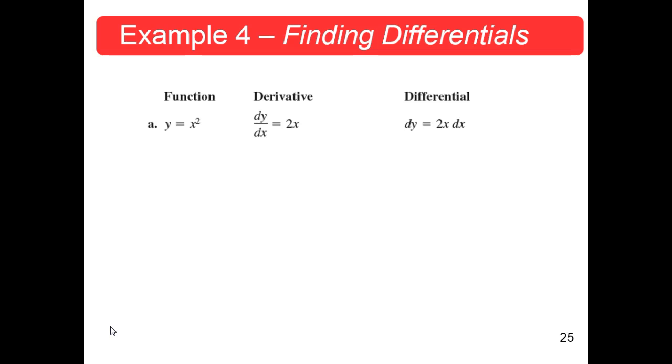That's derivative form. Differential form would be, and mathematicians cringe when you say this, like multiplying both sides by dx. So dy is equal to 2x dx. Perfect. That's the only difference.